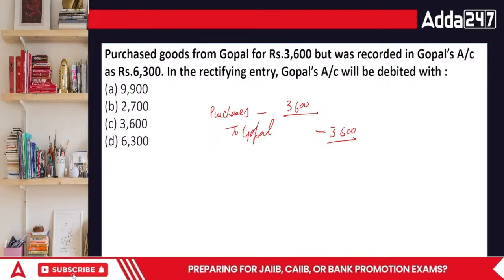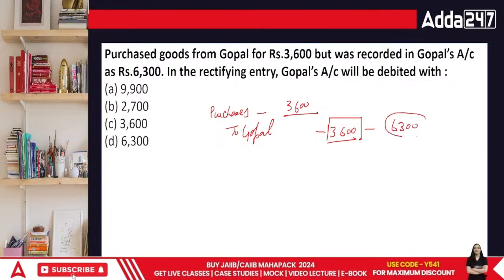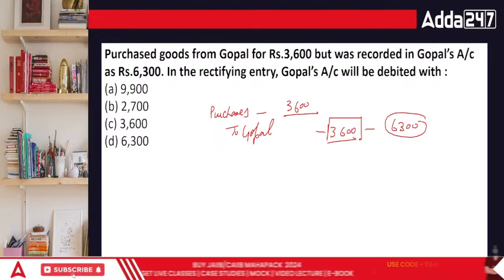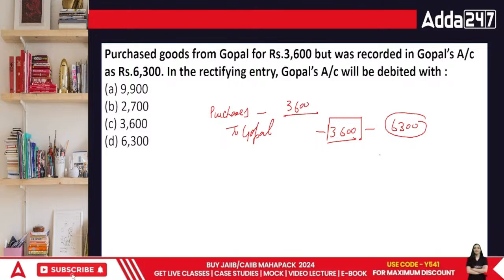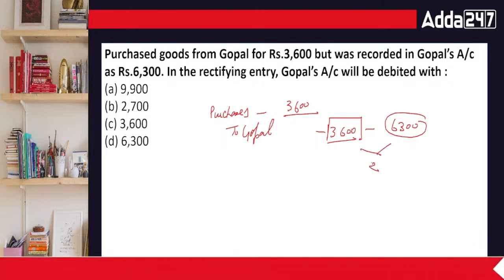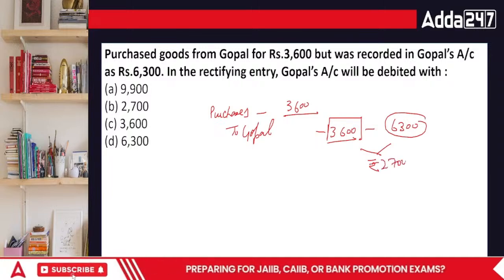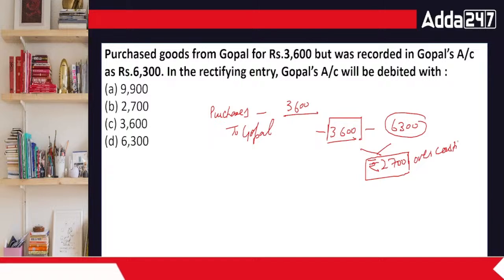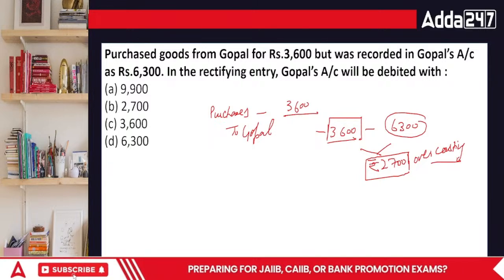Matlab, purchases is sorted. His account was overstated by 63. So technically, in this case, the difference is of rupees 2700. है ना? In this case, this is overcasting. Gopal's account is over by 2700 rupees.